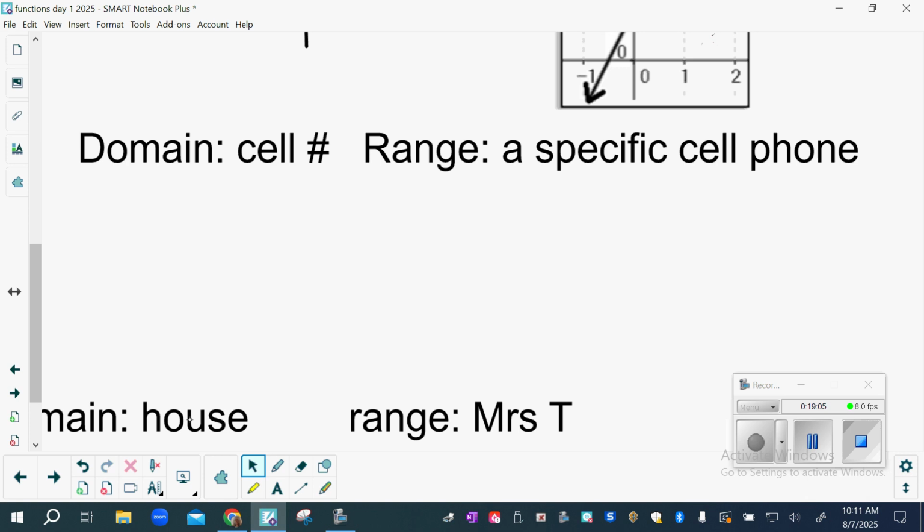Is that a function? Yes or no? Turn and talk. Think about actually dialing the number and what you predict should happen. Think in real life. You're calling your mom. What will happen when you dial your mom's cell phone number?